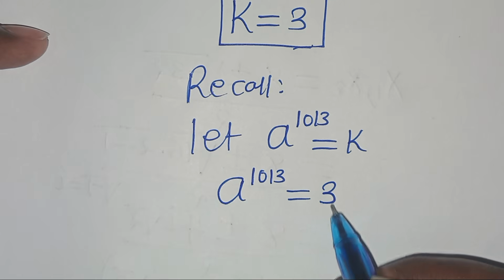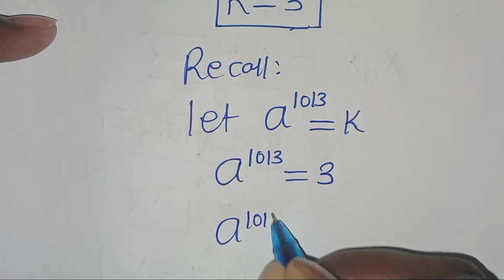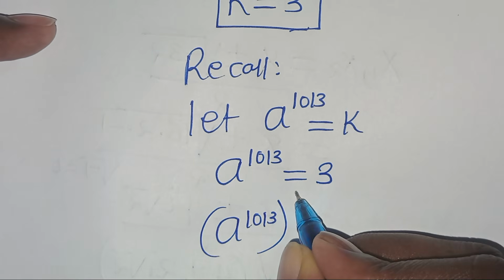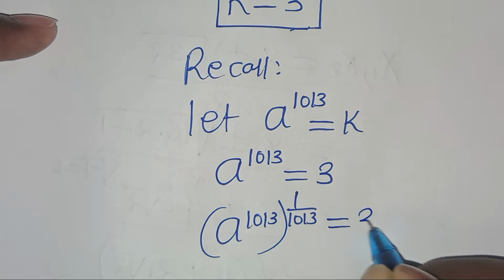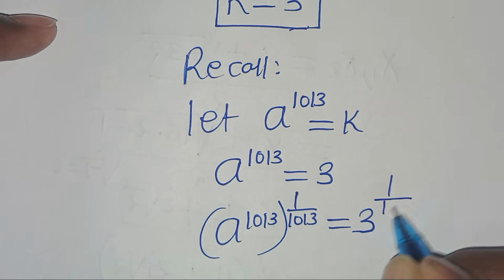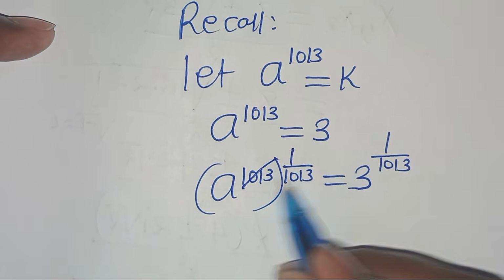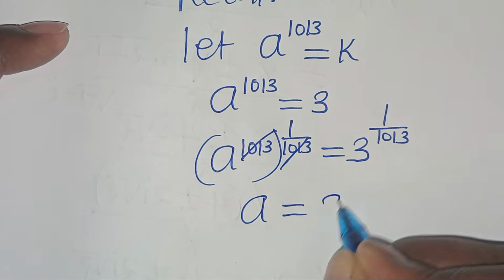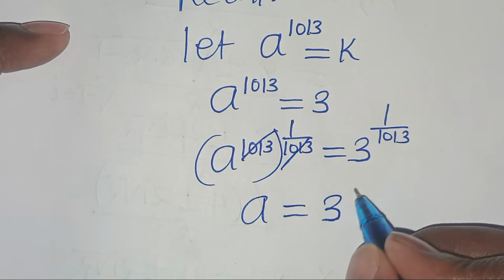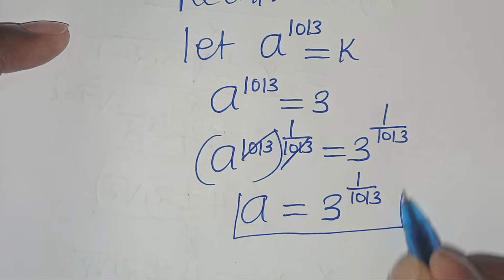Now for the value of A, let's raise both sides to the power of 1 over 10, 13. So this is equal to 3 to the power of 1 over 10, 13. So the 10, 13 and 10, 13 here simplify so that we have A is equal to 3 raised to the power of 1 over 10, 13. So this is the value of A.